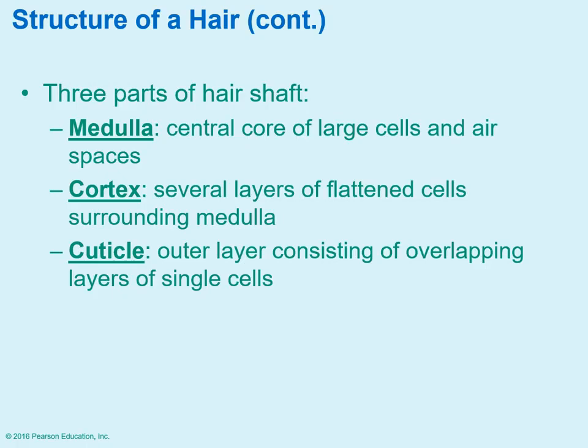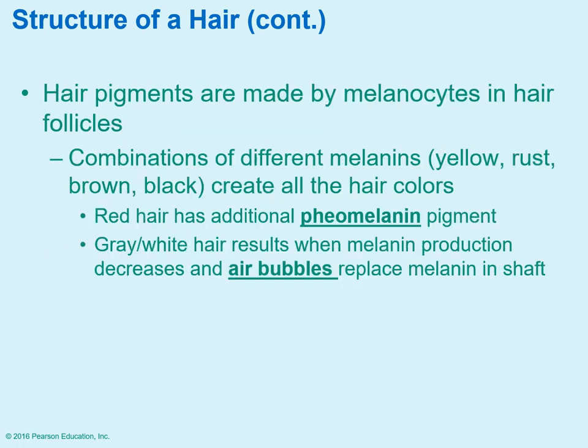The internal part, the central core of the kidney, is referred to as the medulla, and the outer area surrounding that medulla is known as the cortex. So just kind of keep that in mind. Whenever you see medulla, think central core, and then surrounding that will be the cortex. There may or may not be a cuticle surrounding that, but that's going to be the outermost one. And in the case of the hair, the cuticle is the outermost one.